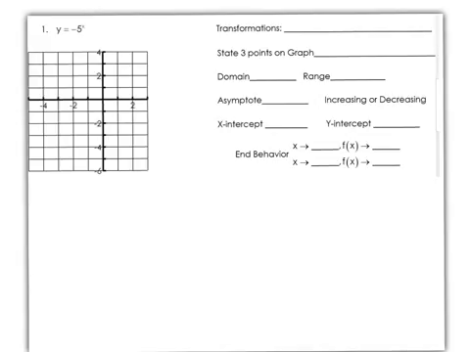Let us look at this function. First of all, the transformation that we have is a reflection over the x-axis. Now, let us state 3 points that lie on the graph. -2 and -0.04 is 1 point that lies on the graph.